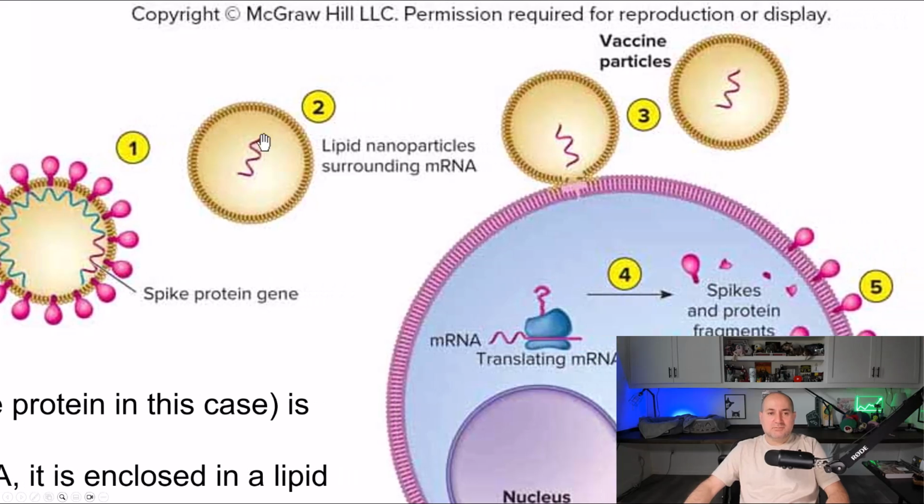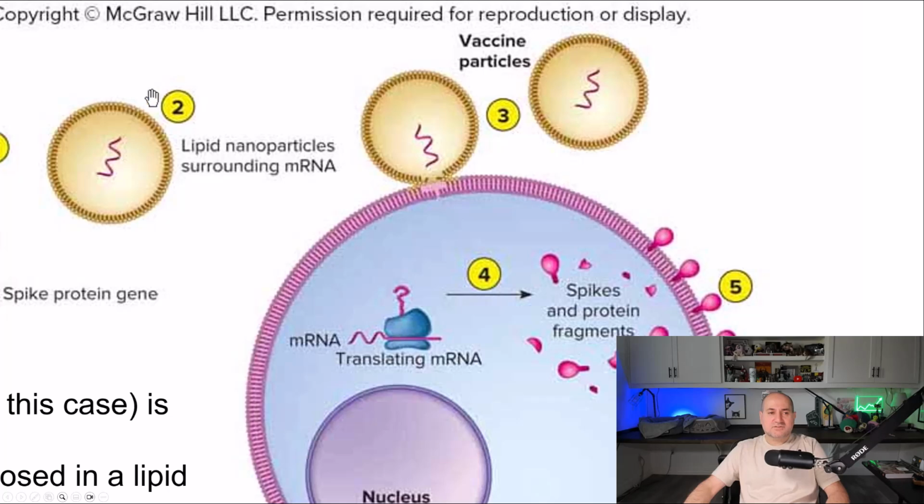You put the mRNA inside of little lipid nanoparticles. That means basically a bubble, right? So you know what lipids are, right? Phospholipids. You form little phospholipid balls with mRNA inside. And remember, that mRNA codes for the COVID spike protein. And then that's the vaccine.